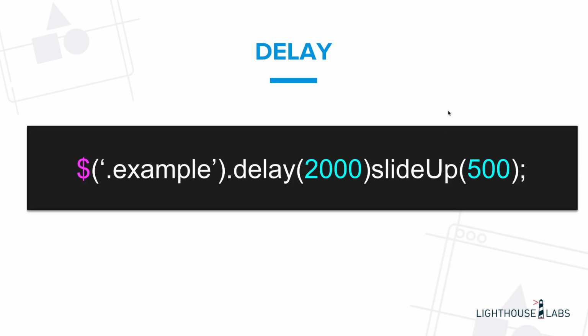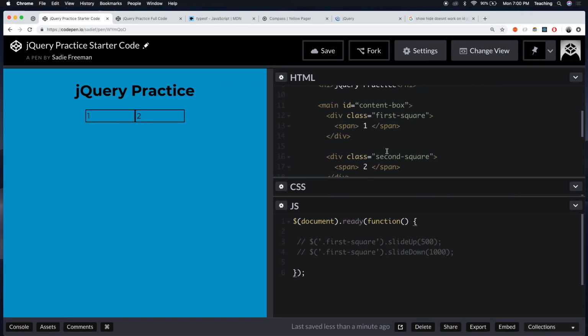You can also put in a delay. So with our slide down, basically everything we've seen so far happens as soon as we refresh a page, or as soon as the page loads up. So if we wanted to delay it a little bit so it's not animating right as soon as the page loads, you can add in a delay.